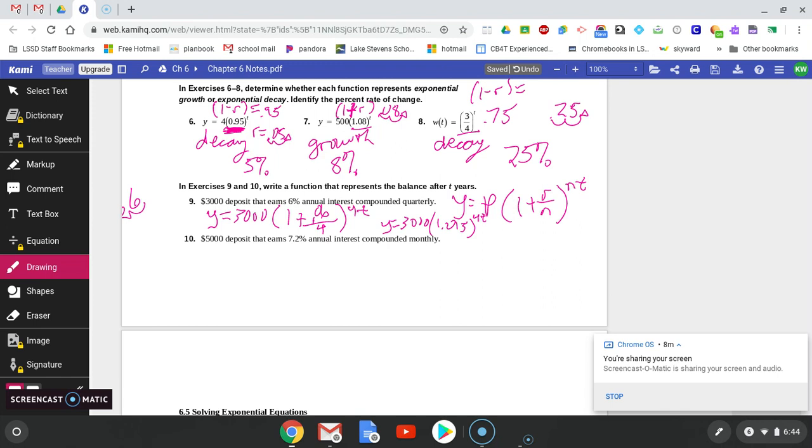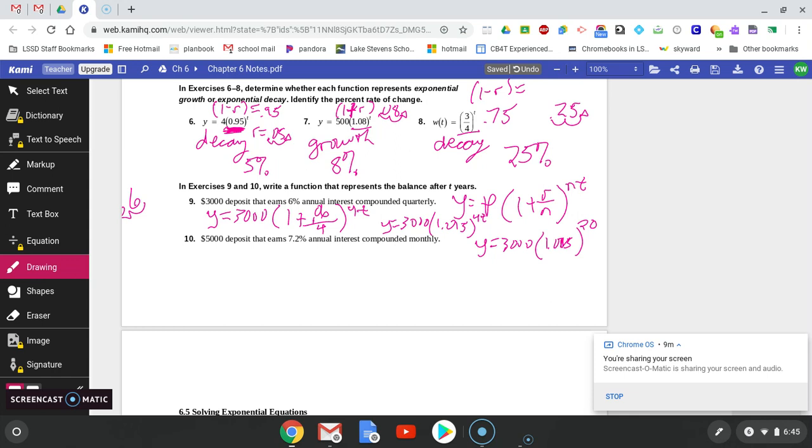How much money would you have in your account after 5 years? After 5 years, that means I'm plugging a 5 in for t. So I have y is equal to 3,000 times the 1.015, and if 5 is my t, then 4 times 5 is 20. So my exponent would actually become a 20.